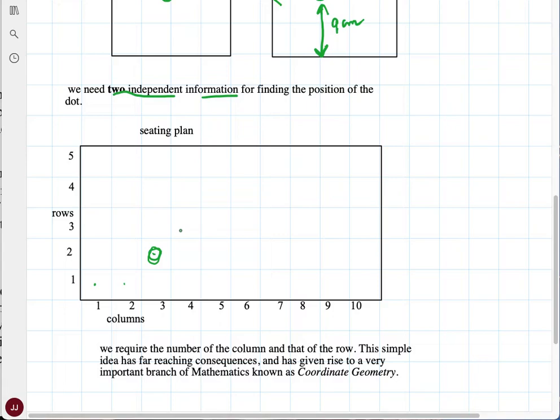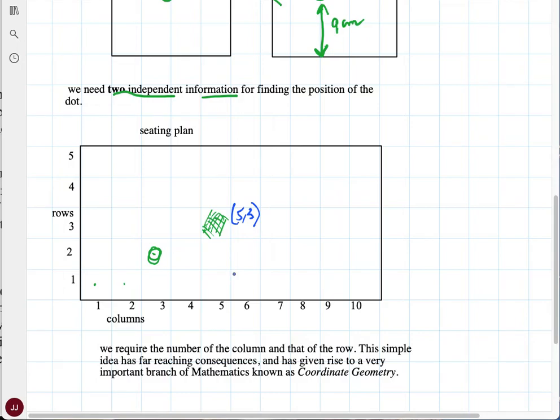If you are sitting on the desk lying in the fifth column and third row, okay, 1, 2, 3, 4, 5, fifth column and third row. Okay, let's mark that. Suppose this is the position, we can write this position as 5 comma 3. Here in this case we are marking it as column comma row, fifth column and third row.